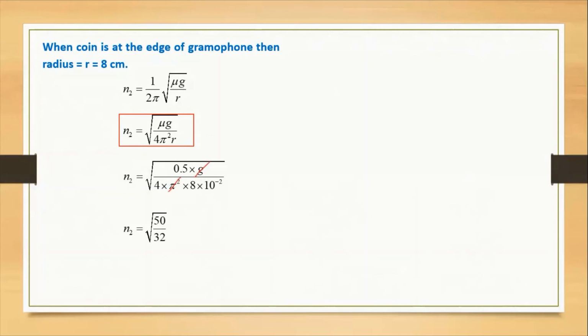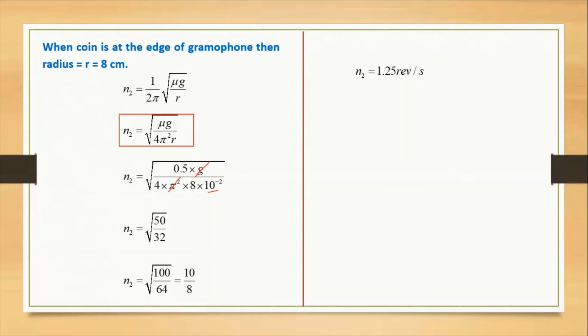Okay. 0.5 divided by 32 and this 10 raised to minus 2 shifted up, so 50 divided by 32 in a root. So we can multiply it by 2, 50 into 2 and 32 into 2. So we get 100 by 64. 100 by 64 root is 10 by 8, the second frequency. So we get second frequency 1.25 revolution per second.